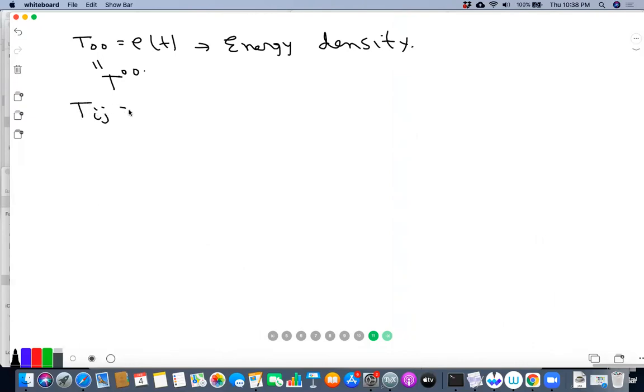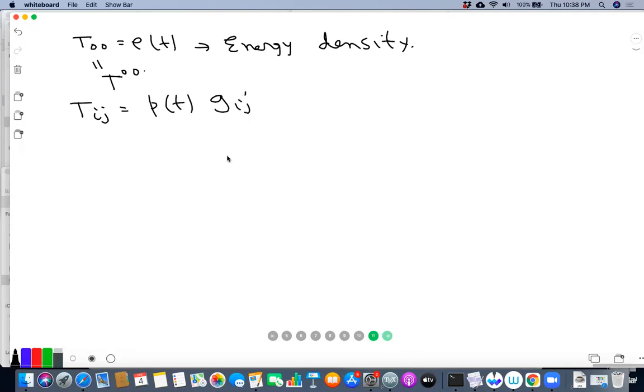So let me then summarize. We had said that T00 is rho of t. Now T00, of course, is the same as T upper 00. So this has a clear interpretation. This is the energy density. And we had said that Tij is P of t times gij.